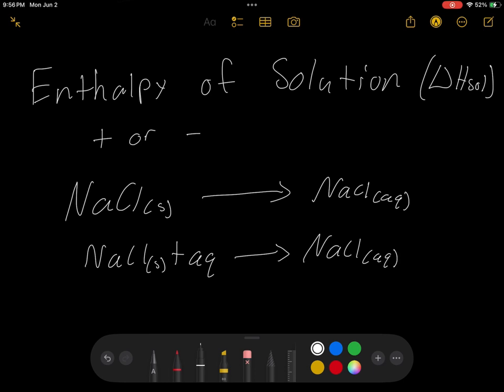So the true definition of this is, let me see what my notes say.